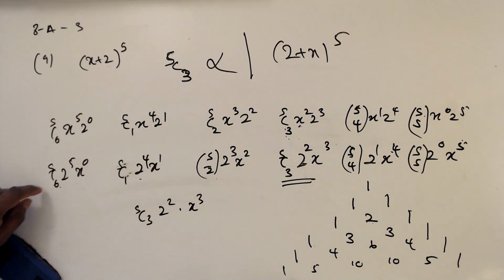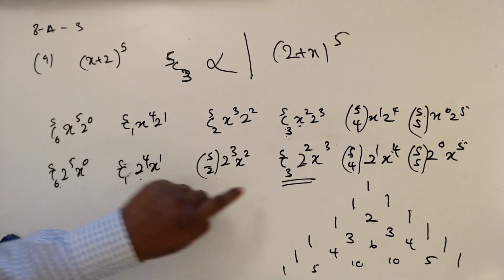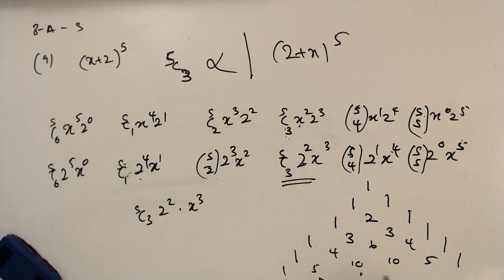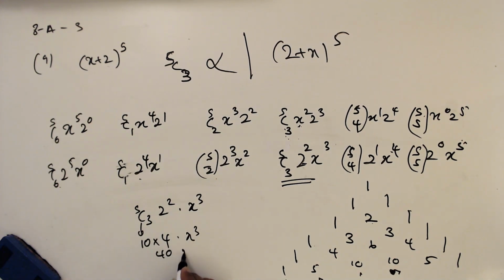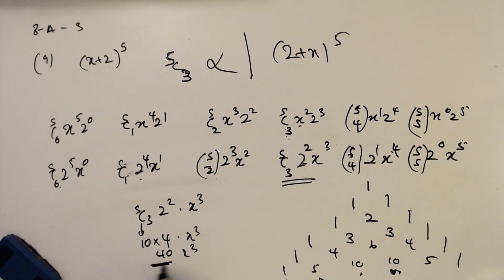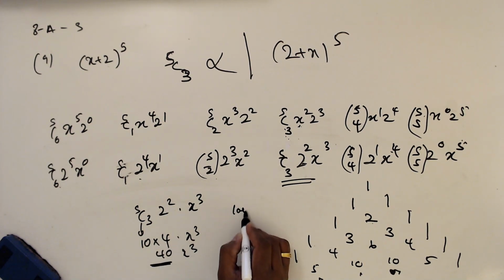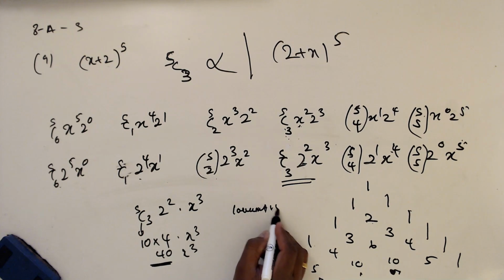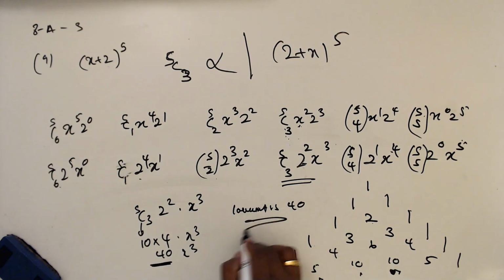So 1, 2, 3, 4: that is the 10. So 5C3 is 10, and 2 squared is 4, and x cubed, this is 40 x cubed. So the coefficient is 40.